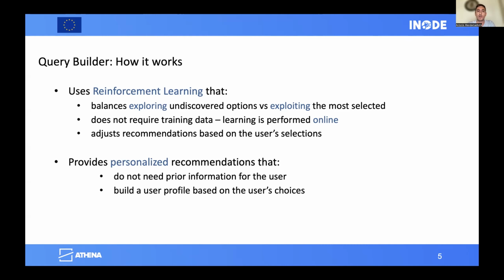So basically, the recommendations are adjusted based on what the users have previously selected. In addition, this tool can provide personalized recommendations without needing any prior information for the specific user, by basically building a profile that is adjusting on what the user selects online.